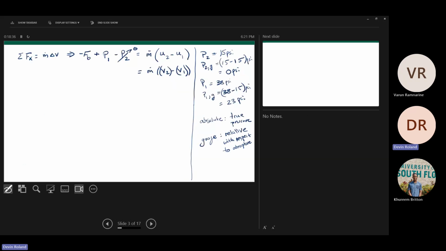So if we rewrote this, we could say that the force in the bolt is going to be P1 gauge plus m dot times V1 minus V2.